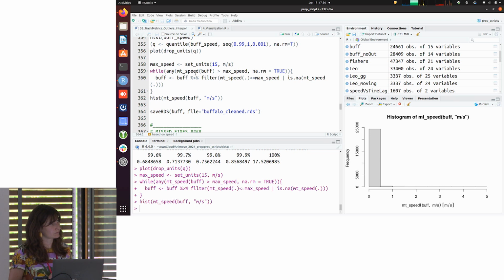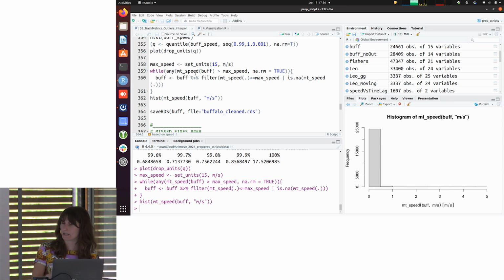So that's why we do the while loop in these cases, where there are several positions that are not true, to make sure to remove them all. We have encountered this, so we decided, okay, let's just always do the while loop, and then we are sure we remove those high speeds. Yeah, and we just save it again for next days. So this one is cleaned.